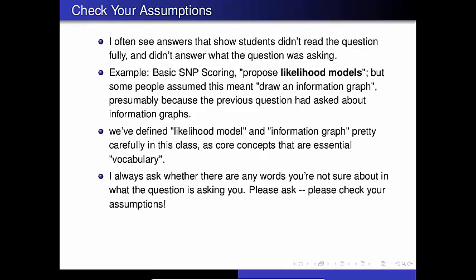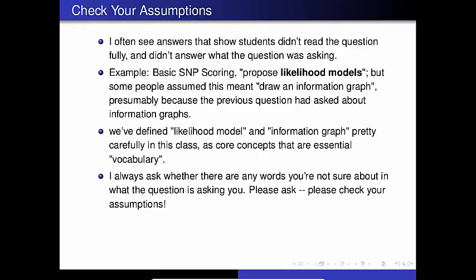So just to be very concrete about specific things that I've been seeing, I often see cases where people's answer indicates that they didn't fully read what the question was asking and ended up basically answering a somewhat different question.